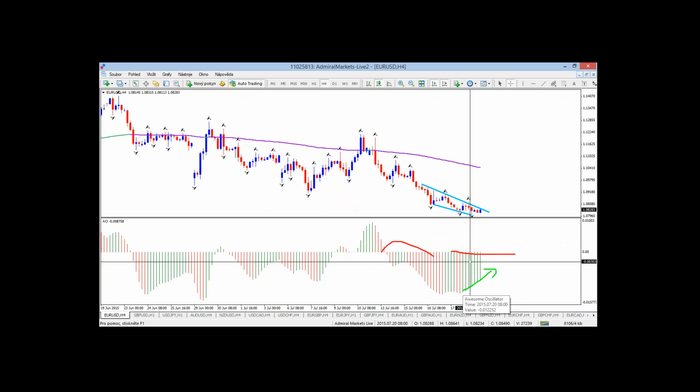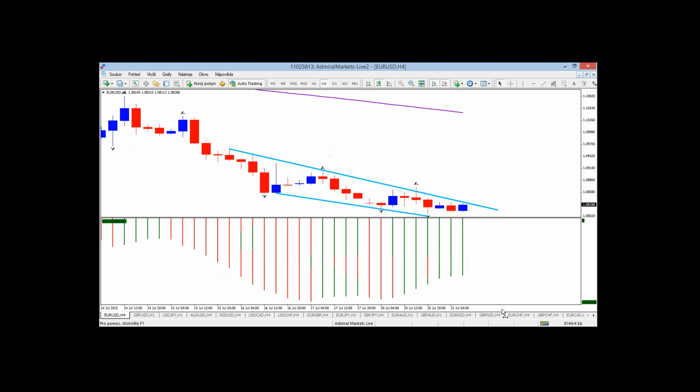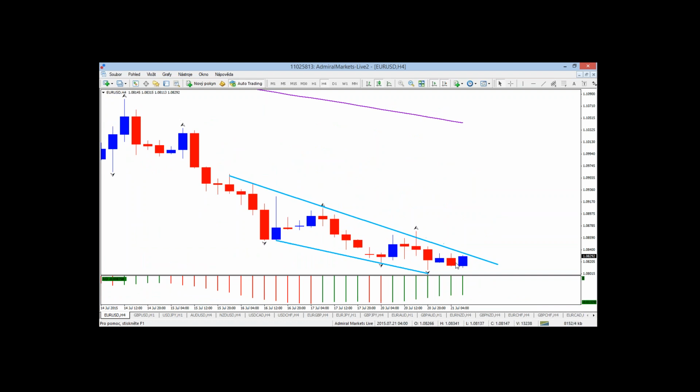We had a strong downside here where the oscillator was red, the bars were falling and moving away from that zero line, showing momentum to the downside. Now it's retracing back up. Another reason why we could see that bounce. So I think there are good reasons to see upside today.